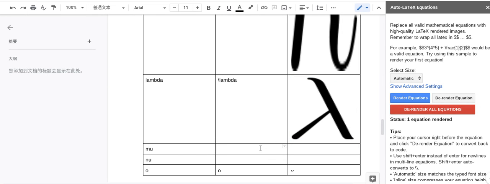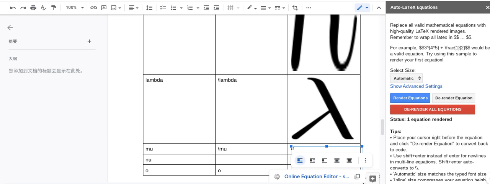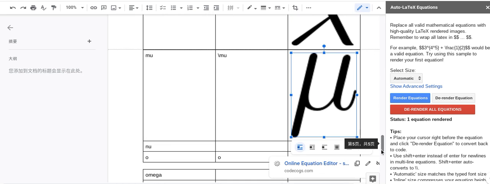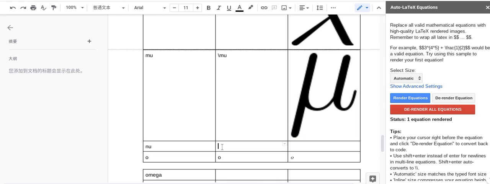And then it's mu and nu. Basically, you add the dollar sign before them, and then let's see what their code is. So it will be mu, which is what we used in physics. You guys remember the coefficient of friction, mu k and mu s, right? So that will be nu.